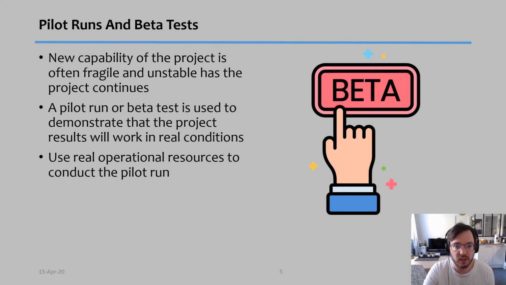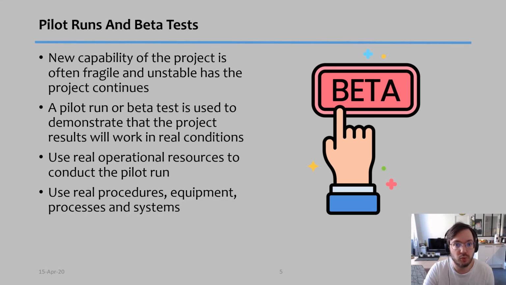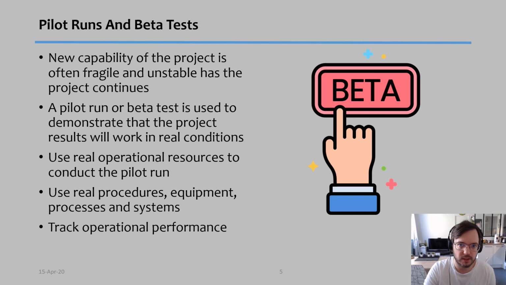For that, you're going to use real operational resources to conduct this test, real procedures, real equipment, real processes and systems. In other words, you're going to test it in real life. While those tests are going, you track the operational performance and you realize what the problems are, what things need to be improved, or what things are working quite well.